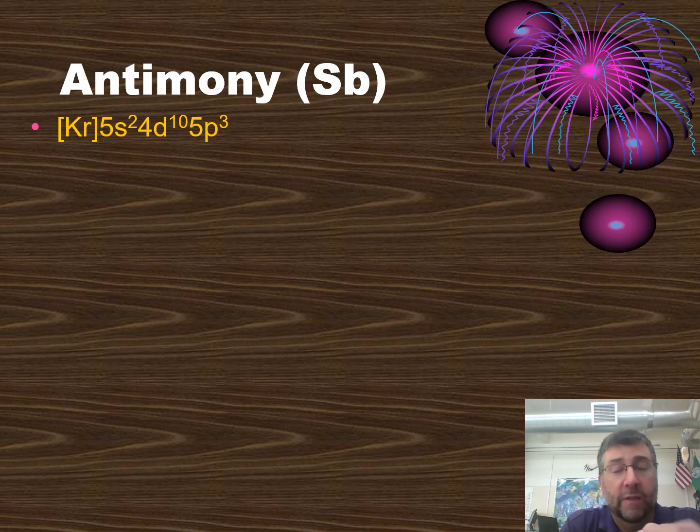It's krypton, the noble gas in the row before it. Krypton 5s2, it's in the 5th row. 4d10, remember that the d orbital is always one number less than the s orbital. And then it's the 3rd one over on the p, so it's 5p3.